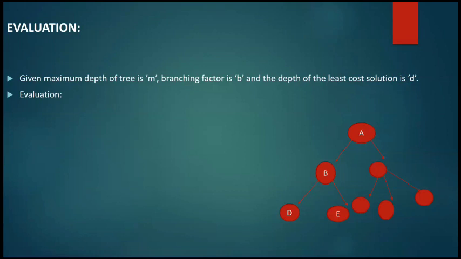It will backtrack from E to B, and then from B it will go to C. Then it will move to the children of C, that is E, F, G and H. In this way the traversal of DFS is happening.